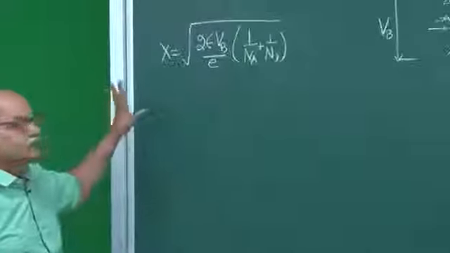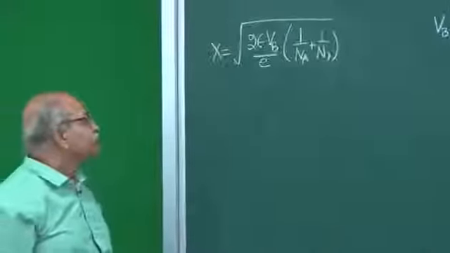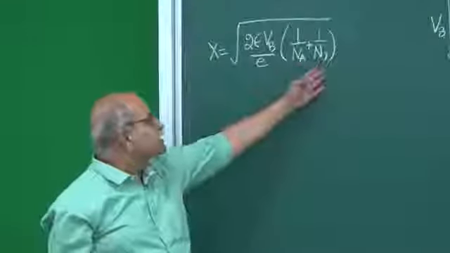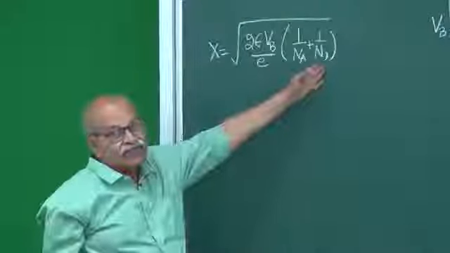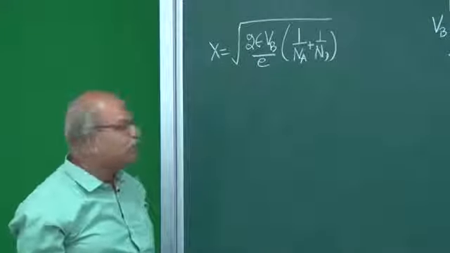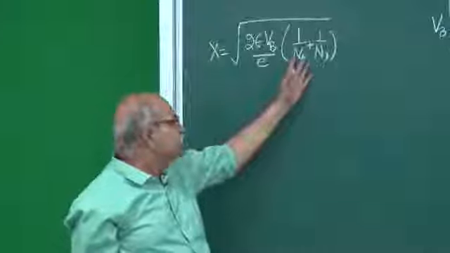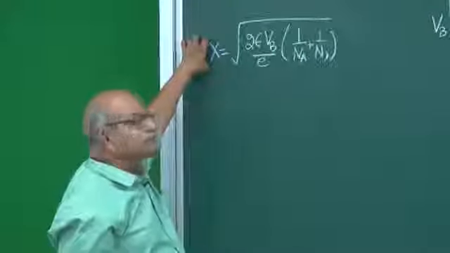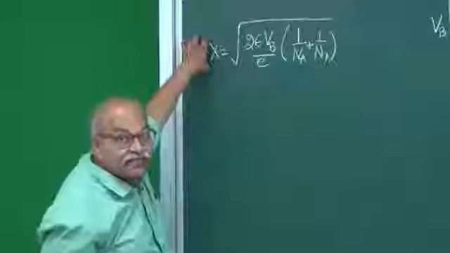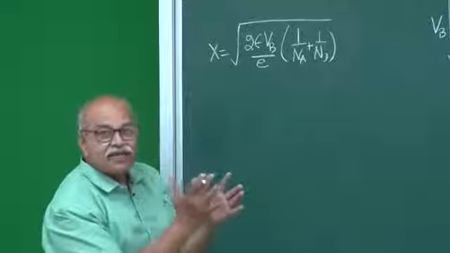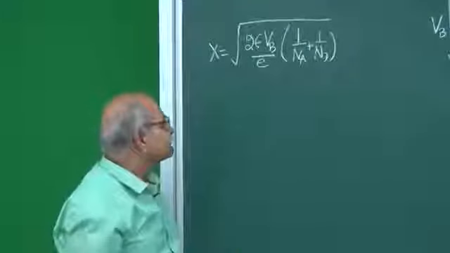So that's the relation. So if you increase this concentration, what will happen? If you increase Na or Nd or both, what will happen? This increases, so this whole thing decreases and this decreases, right. So heavier is the doping, smaller will be the depletion layer, and vice versa.